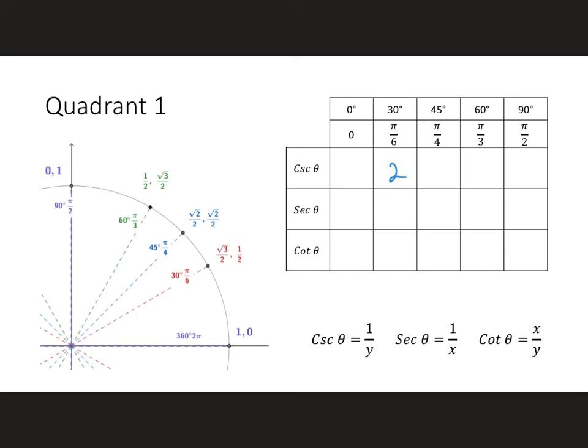The secant of 30 degrees will be the x value, so that would be 1 over the square root of 3 over 2, which now we have to do the reciprocal of that. That equals 2 over the square root of 3, and then rationalizing our denominator, square root of 3 over square root of 3, we get 2 times the square root of 3 over 3.